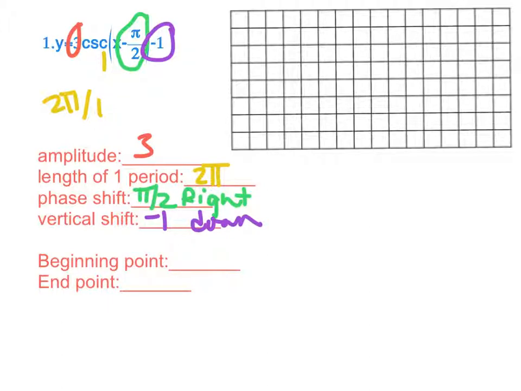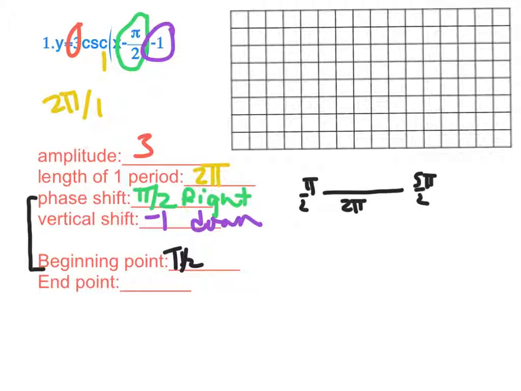So if you remember, just like everything else on sine and cosine, my phase shift is my beginning shift. I'm going to start at pi over 2. So if I start at pi over 2 and I add a length of 2 pi, that's going to take me to 5 pi over 2. So I'm starting at pi over 2, 1, 2, 3, 5 pi over 2.